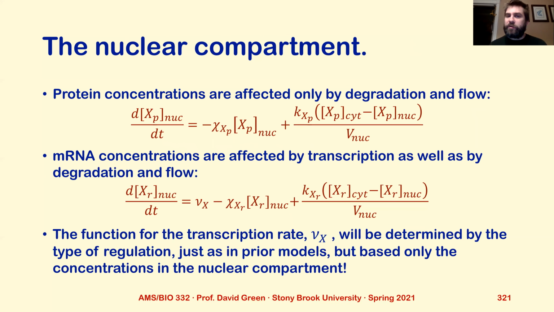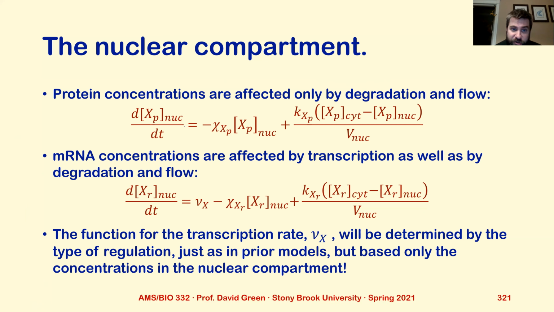What about the nuclear component? The nuclear compartment is going to, in some sense, have the opposite structure. In this case, the protein concentrations are the ones that are affected only by degradation and flow.